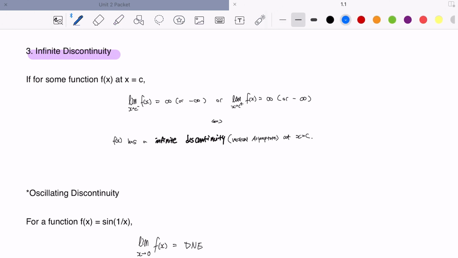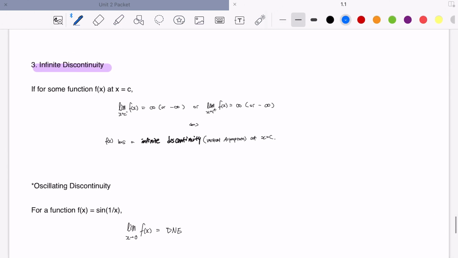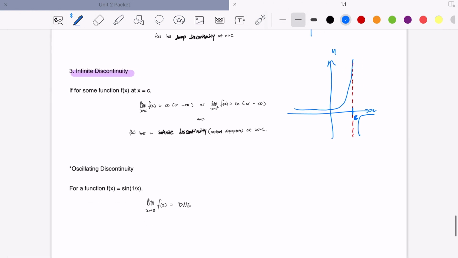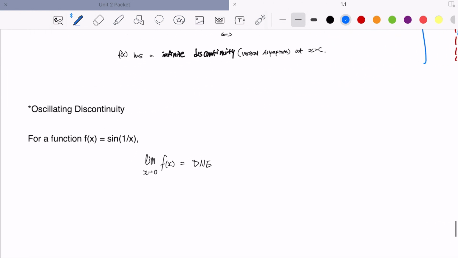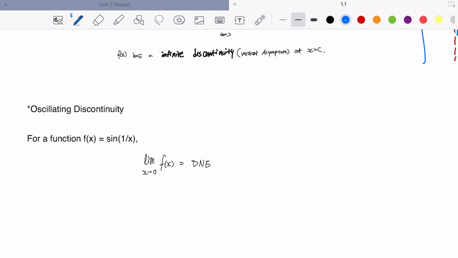As you all know, probably, a vertical asymptote looks like this, and right here it is c. If a vertical asymptote occurs in your function, then your graph probably looks like this. Got it?